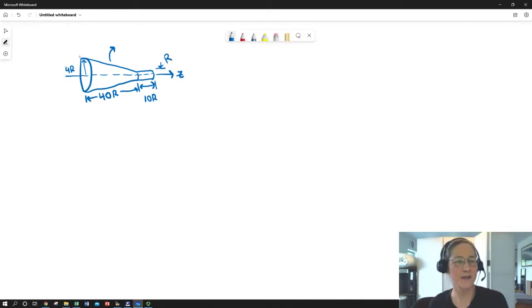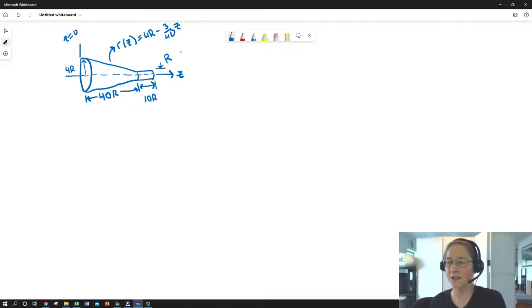If we said the end of the shaft here represents z equals 0, we could write an equation for the radius at any point z, and we would find that equals 4r, which is a constant, basically for any given r, minus 3 divided by 40 times z.